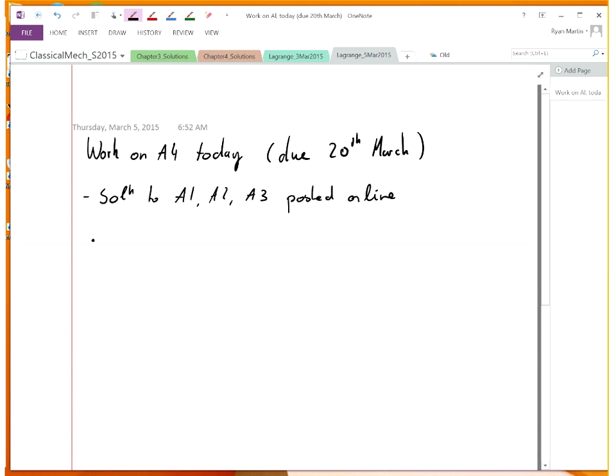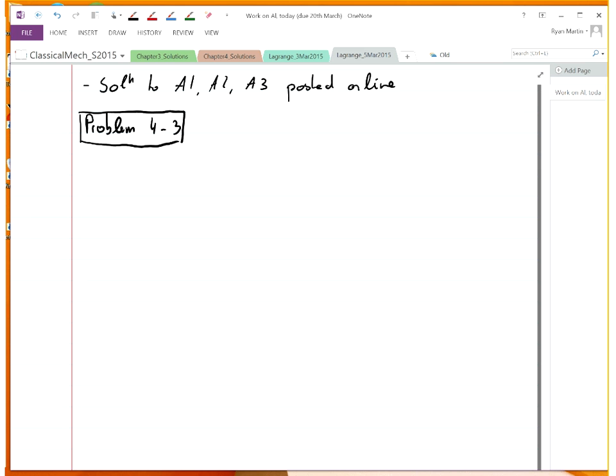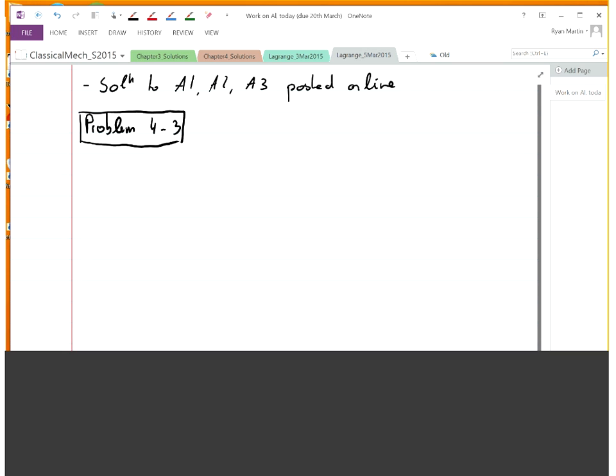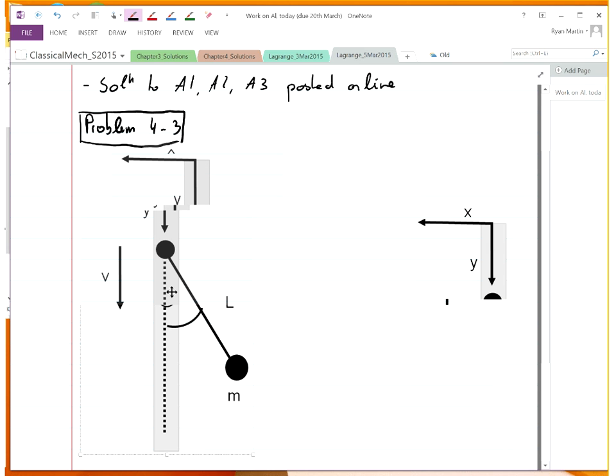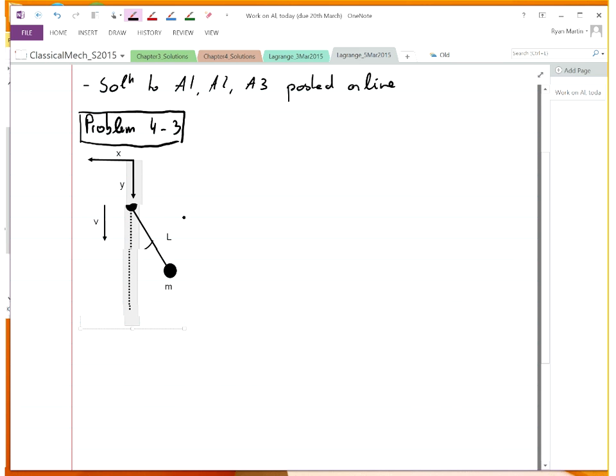So why don't you have a look at problem 4.3. Problem 4.3 is a pendulum, and the pivot point is moving downwards with a known speed v.